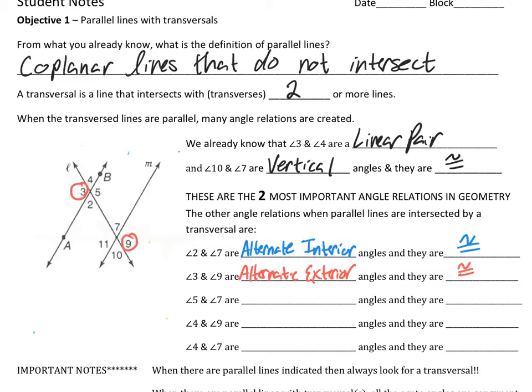In general, everything in parallel lines cut by a transversal has one of two relationships: they're either congruent to each other or they're supplements of each other. We've seen a lot of congruent and only one supplement so far. Another pair of alternate exterior angles might be 4 and 10. They're both acute, and in this special case they are congruent to each other.